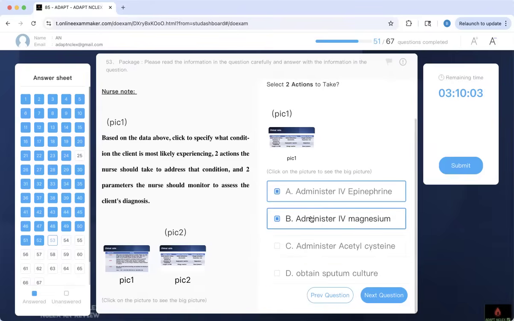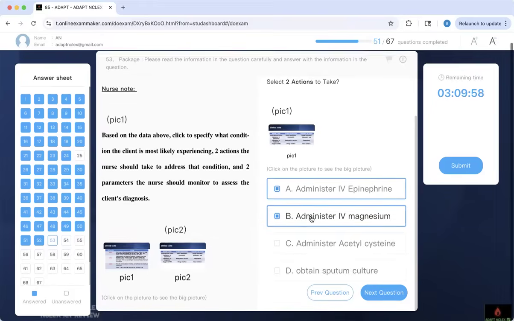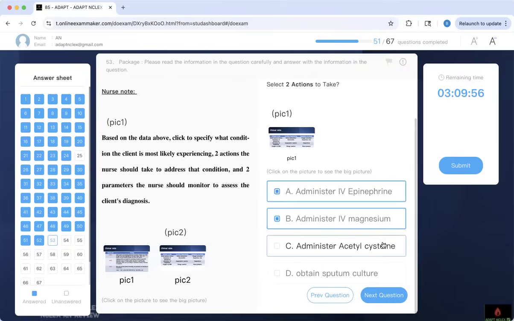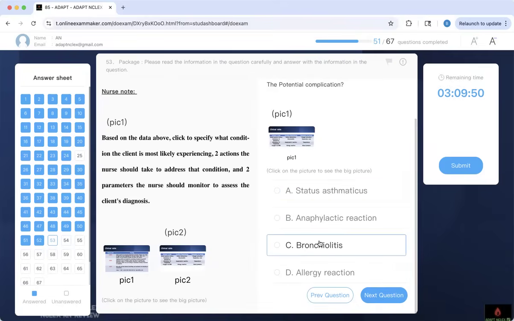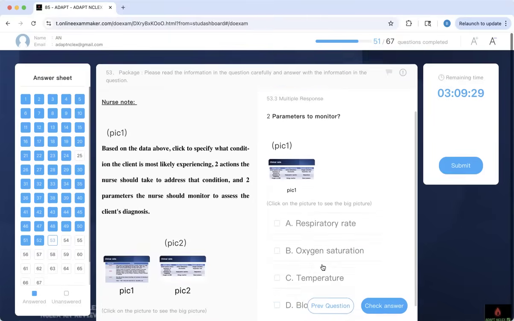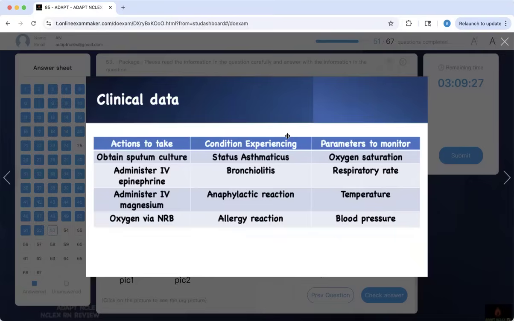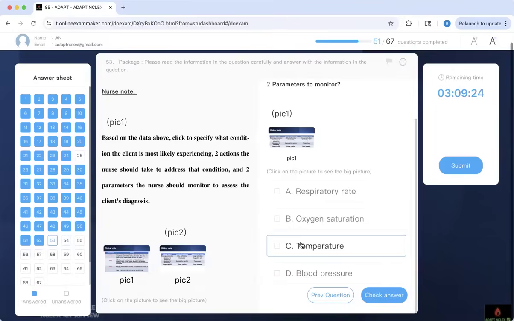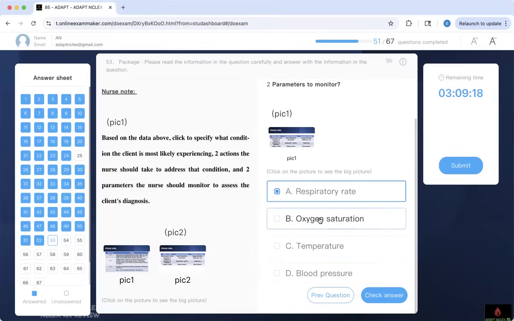Epinephrine and magnesium, because that will overcome any allergy responsible. Acetylcholine will create mucus. You worsen the condition. You don't need caution. And we already know these patients. Therefore, what parameters are we going to monitor? Well, if I'm trying to improve your oxygen saturation, I want to make sure your respiratory rate is going down and your saturation is improving.